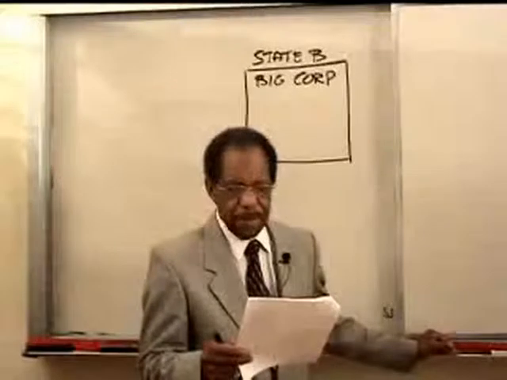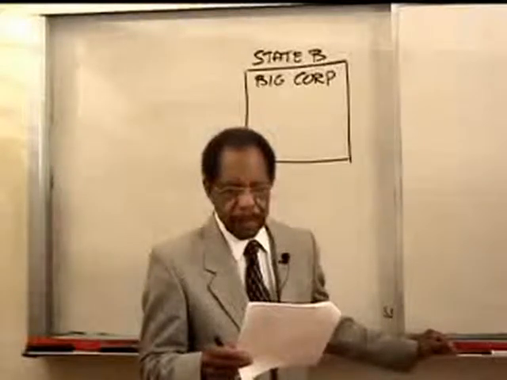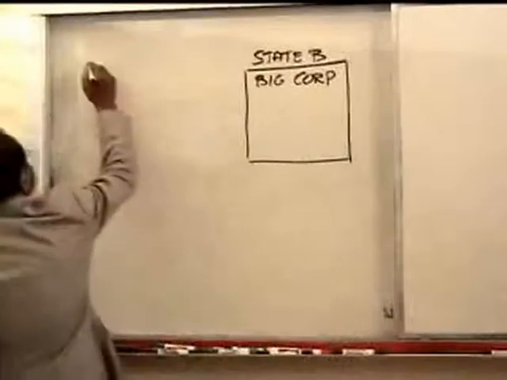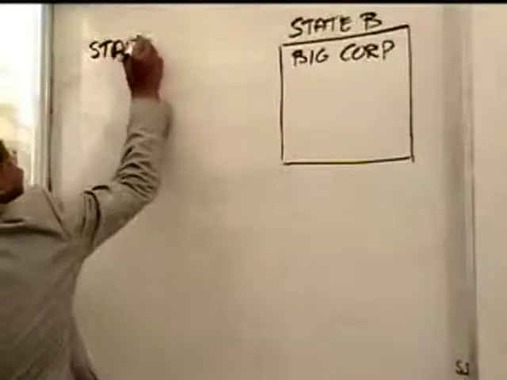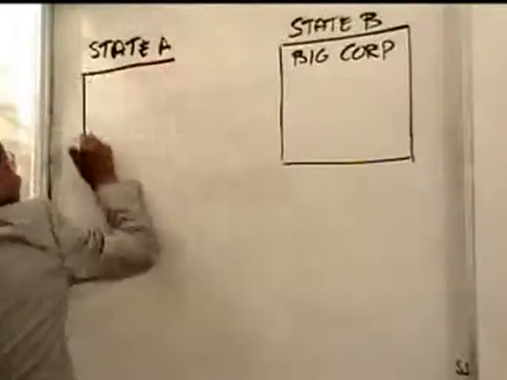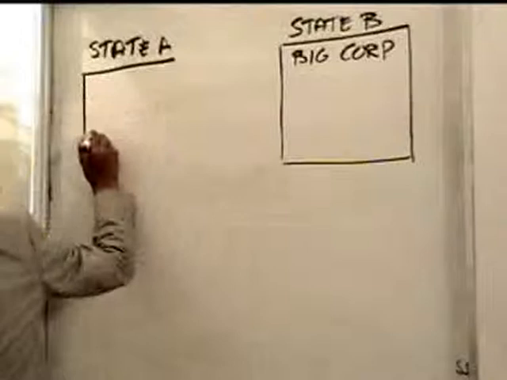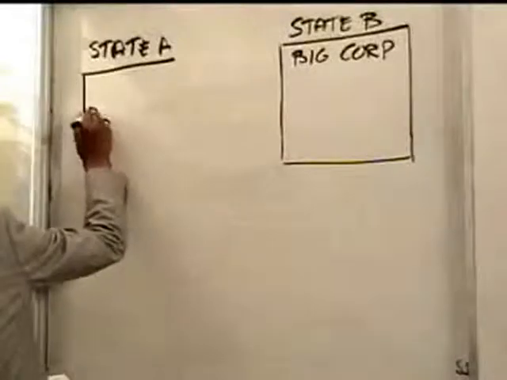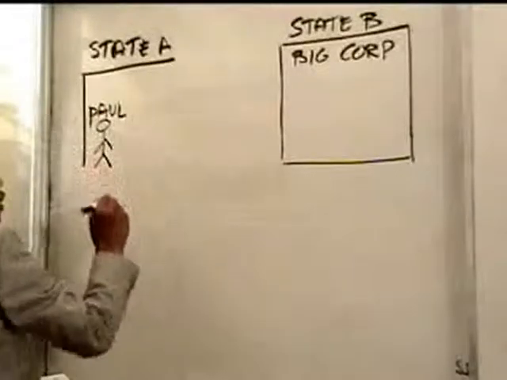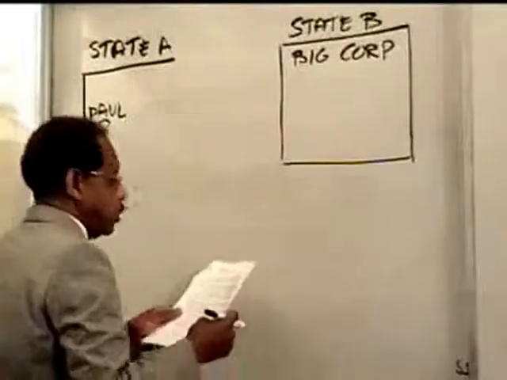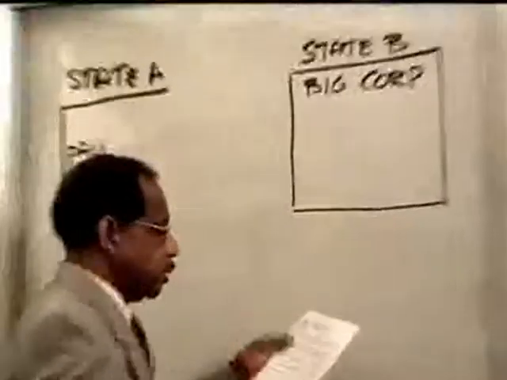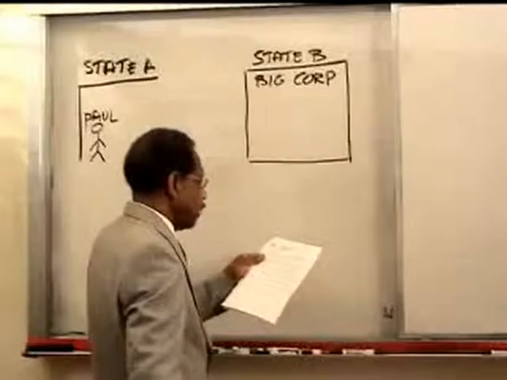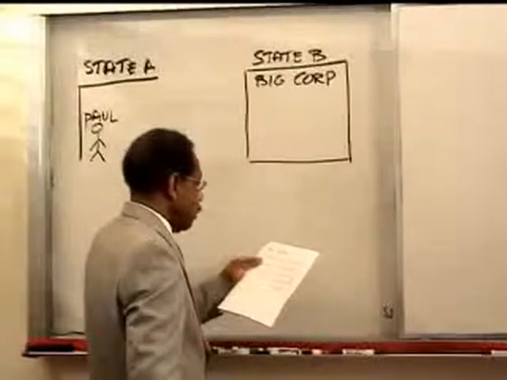Secondly, line 6. While in State B, Paul, a citizen of State A, so Paul lives over here in State A. But Paul was visiting State B, and while in State B, Paul was severely injured by a defective saw he had purchased at a store owned by Big Corp.